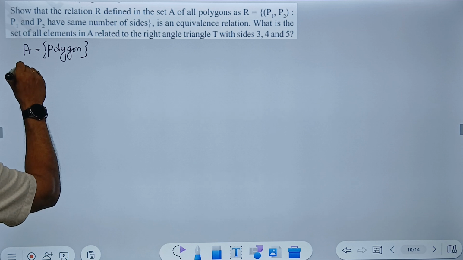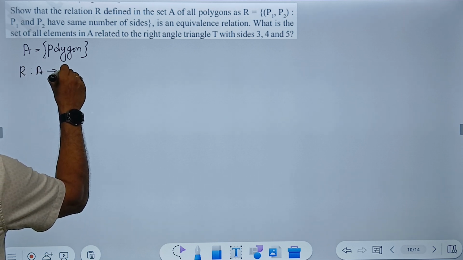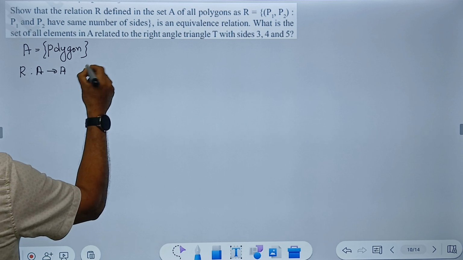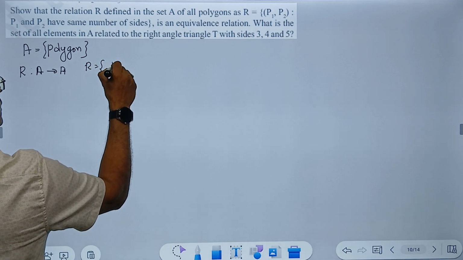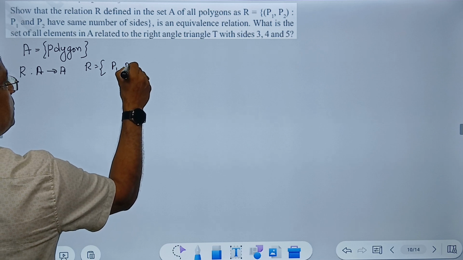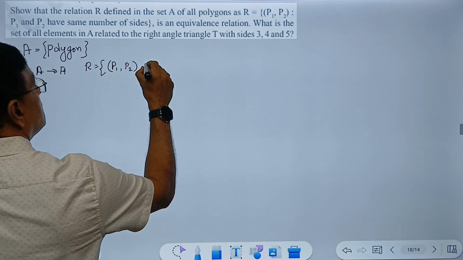Now what is my relation? My relation is defined on the polygons. R is defined as: if I take two polygons P1 and P2, both of them will have the same number of sides.